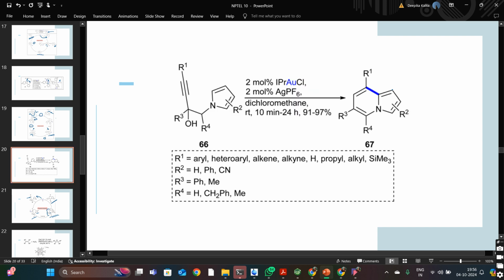So this is how we are going to get the cyclized product starting from this propargylic alcohol.